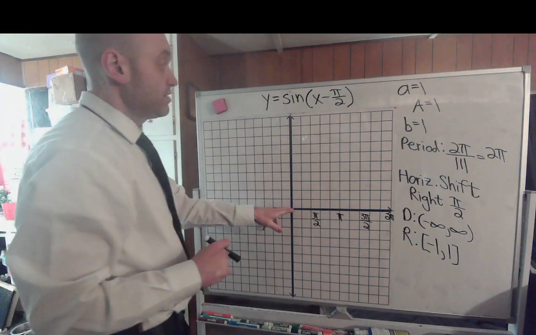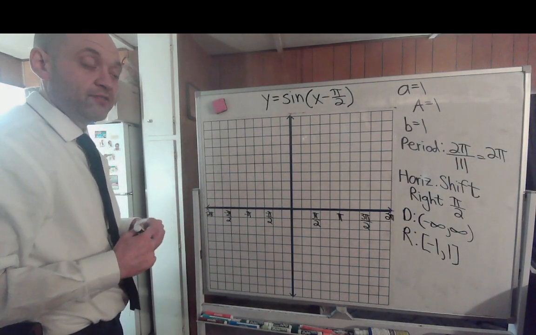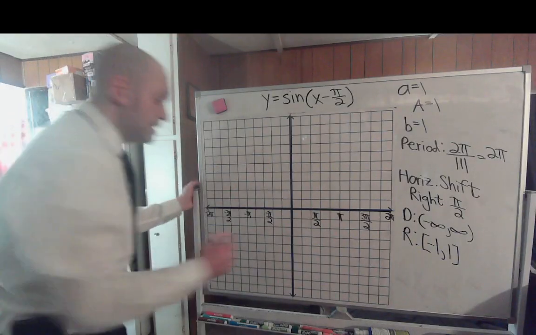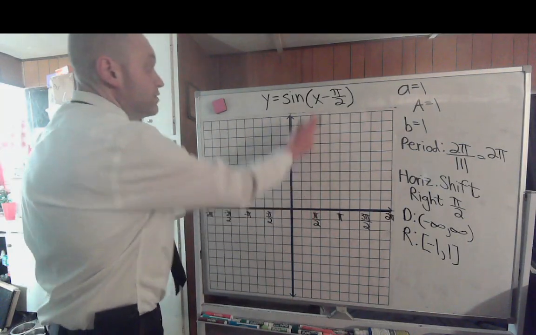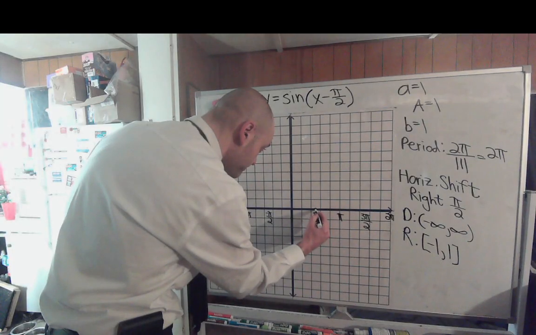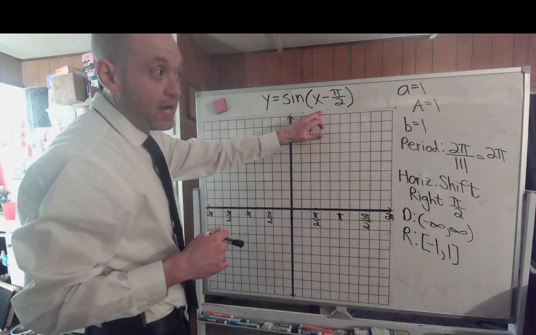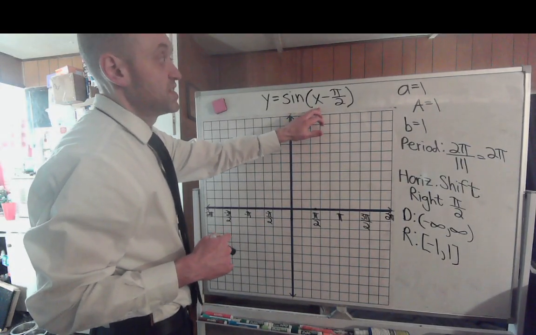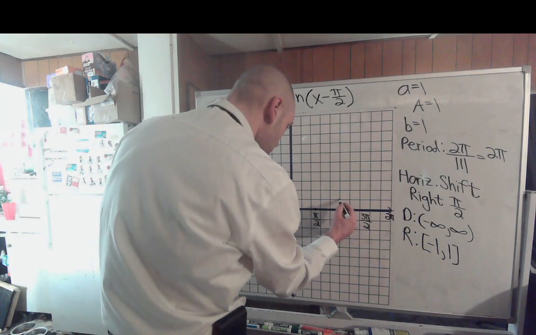So I put in 0 for x. That's like the sine of negative pi over 2. What would that give me? That would give me negative 1. All right, let's put in pi over 2. You would get the sine of 0, which is 0. What about if I put in pi, I would get the sine of pi over 2, which is positive 1.